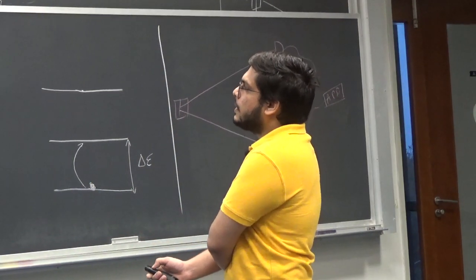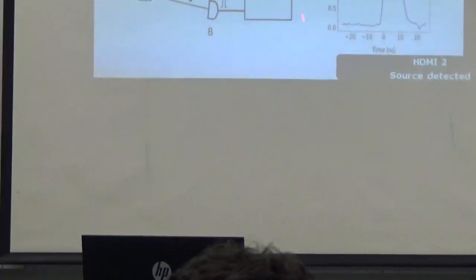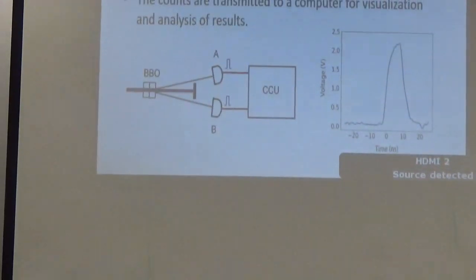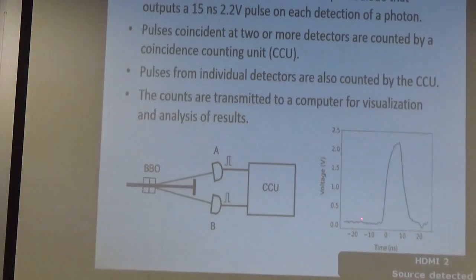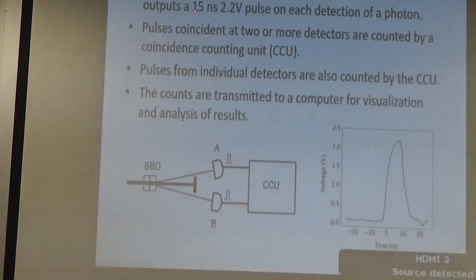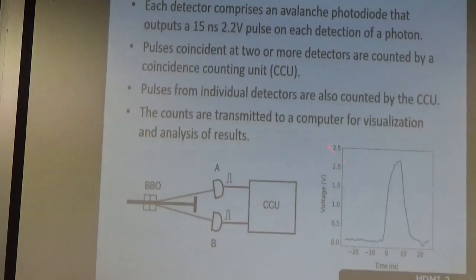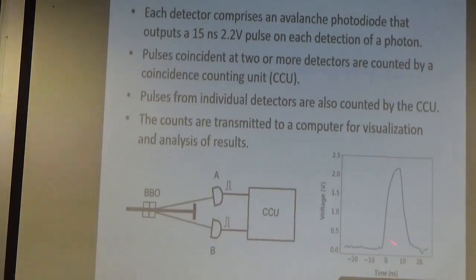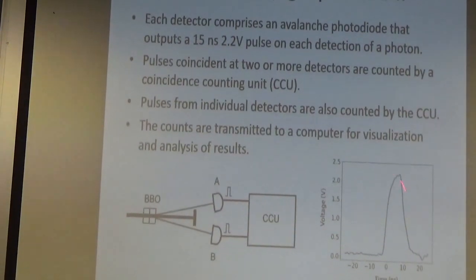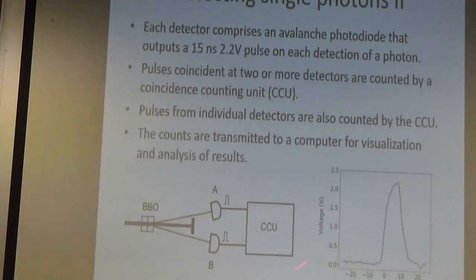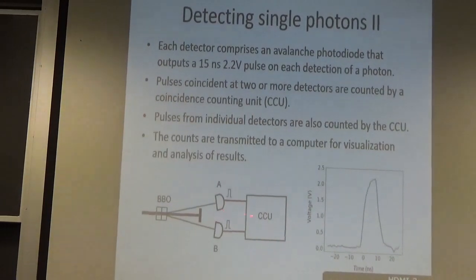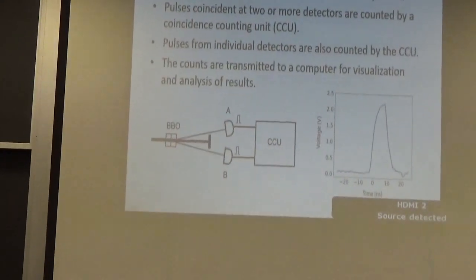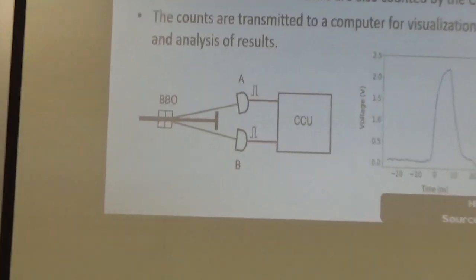Now, what was our play with photons and light has turned into a play with electrical signals. This detector will generate a signal of around 15 nanosecond width and 2.2 volt peak. And this signal will be sent into the coincidence counting unit, the CCU here. So this portion is being implemented here, the portion that I said I'll go into detail if I have time, which I definitely won't.